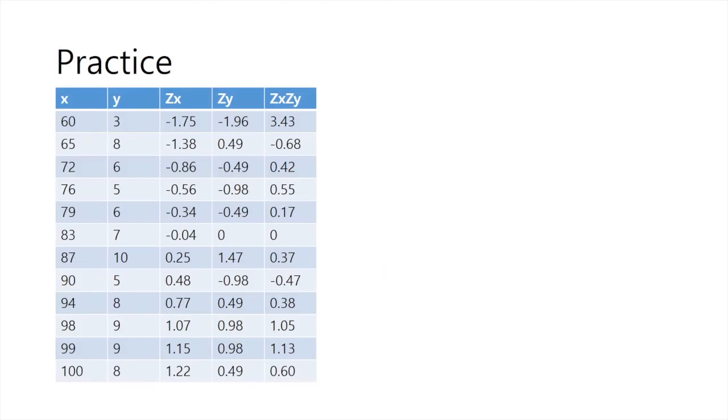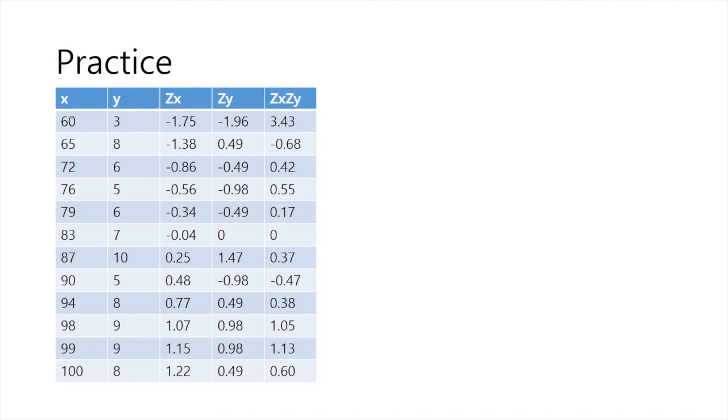Let's do a practice quiz. This is the table which you can get from our chapter 5 notes, practice number 2. X is an exam score and Y is hours studied. Looking at the first row, a particular student studied 3 hours to get an exam score of 60.